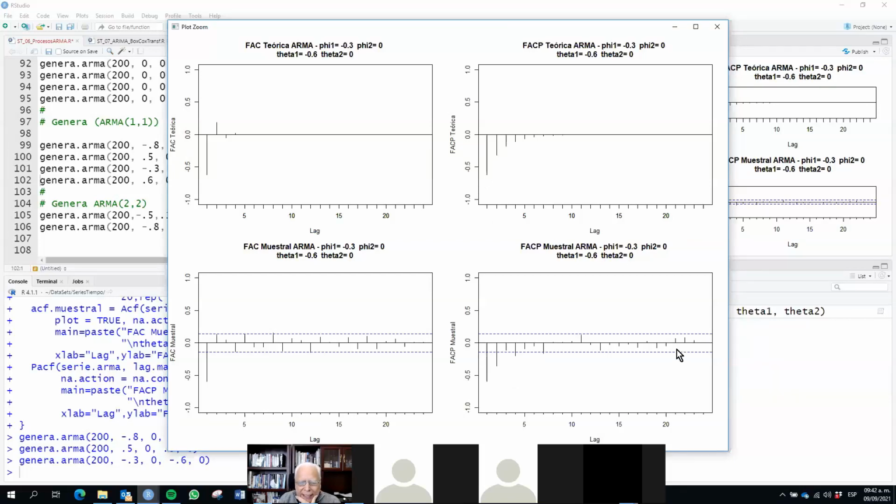But if you look at the sample data, it looks like I may have two AR terms because I have two significant autocorrelations. So what would happen in practice, if you have a series that showed this type of behavior, this PACF and this ACF, you would probably fit an ARMA 1-1 or an AR 2 model.